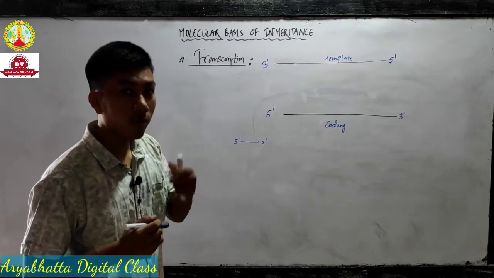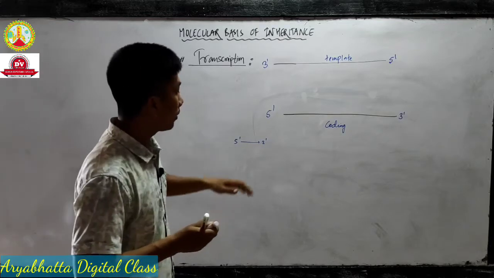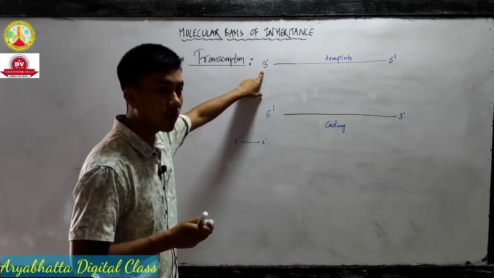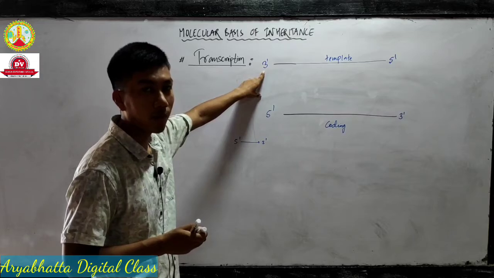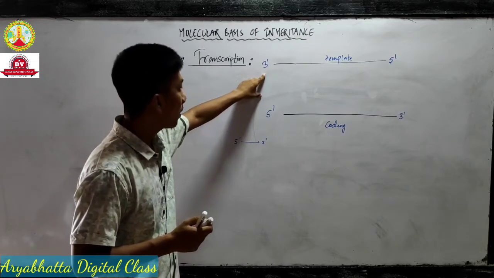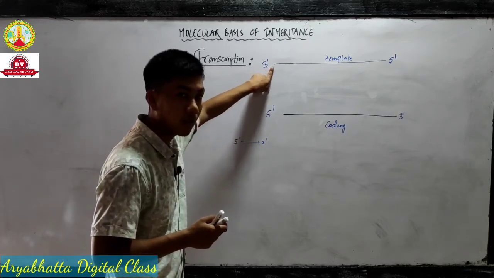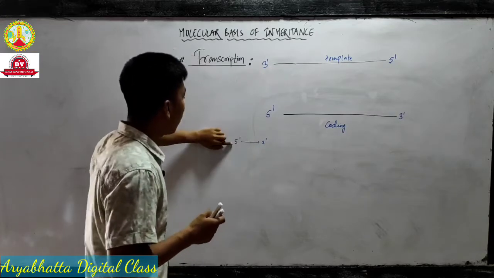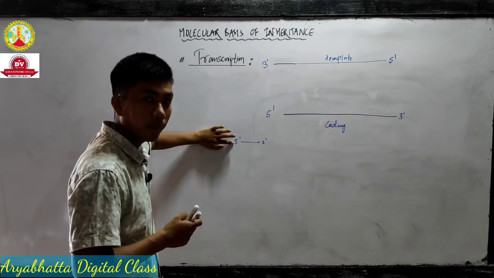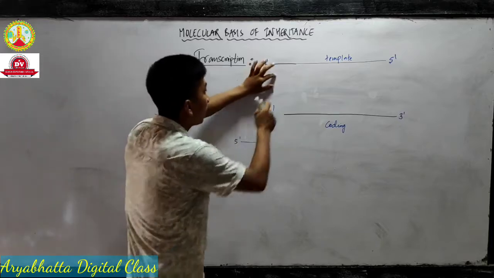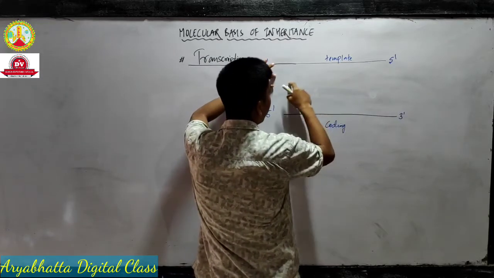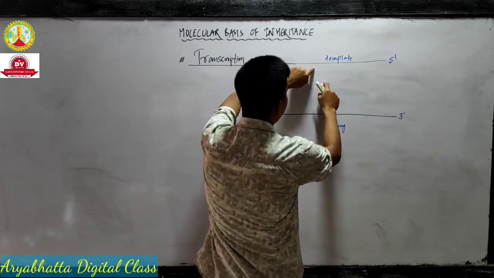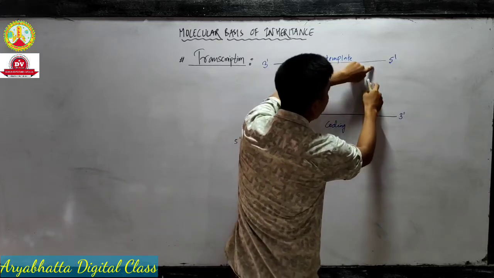When the mRNA is going to form, it binds with the 3 prime of the template strand, because 3 prime has a free OH group. So mRNA will bind with its 5 prime to this template strand and make a bond with it.